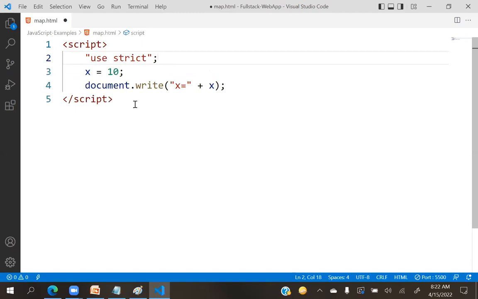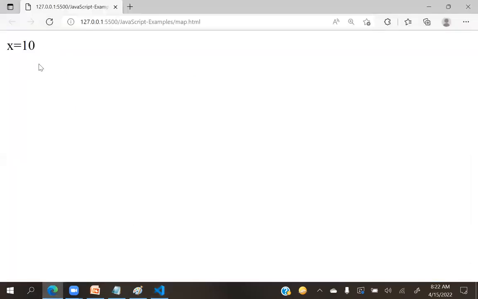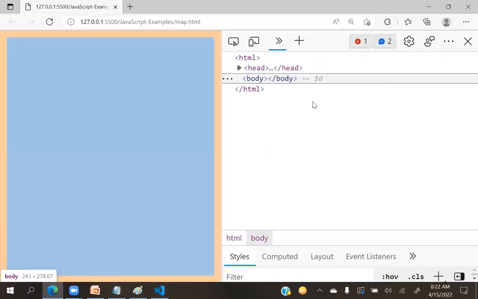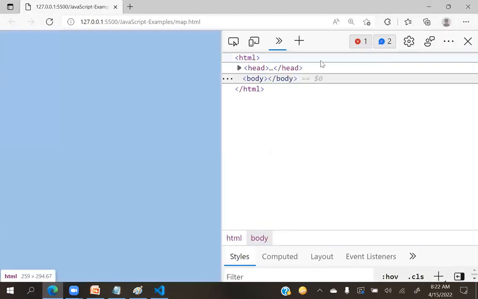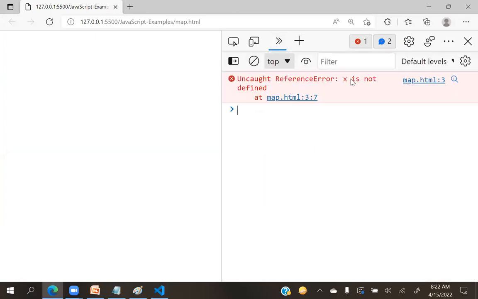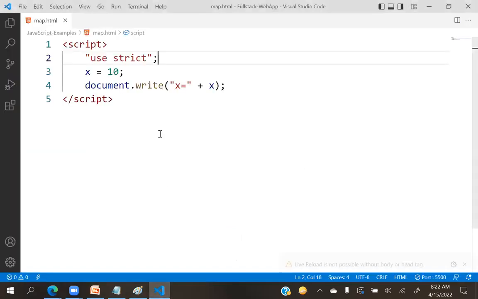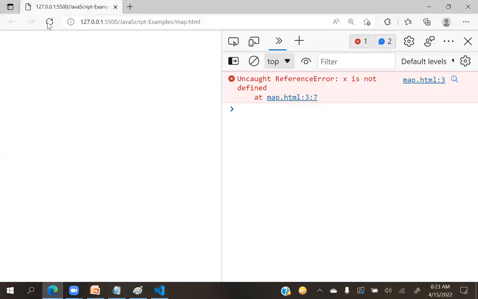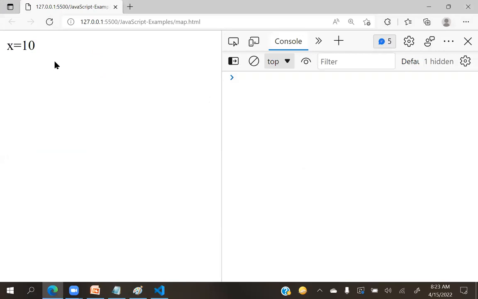If I turn on the strict mode with use strict, you can see that now it is not working, because it says in the console that x is not defined. As per programming standards, we have to first declare x, then it will work. This is called strict mode.